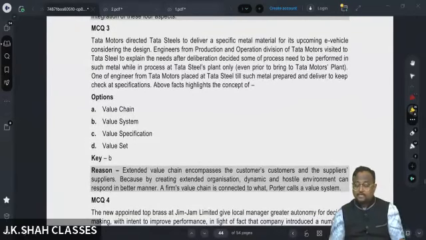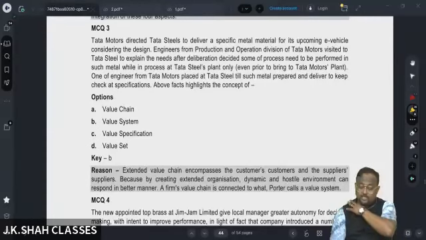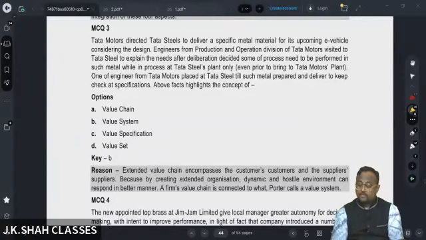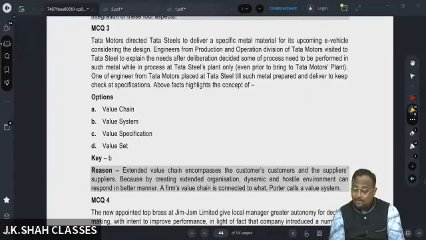Tata Motors directed Tata Steel to deliver specific metal material for its upcoming e-vehicle, considering the design. Engineers from production and operation division of Tata Motors visited Tata Steel to explain the needs. After deliberation, it was decided some of the processes need to be performed in such metal.